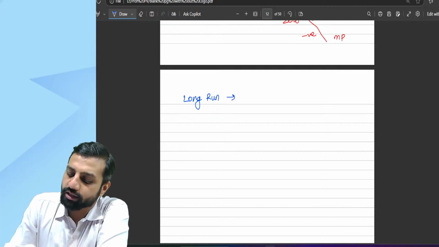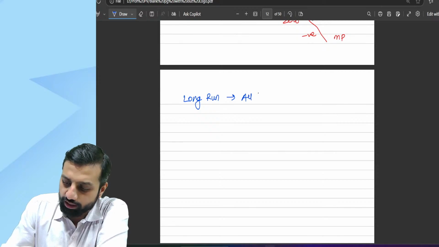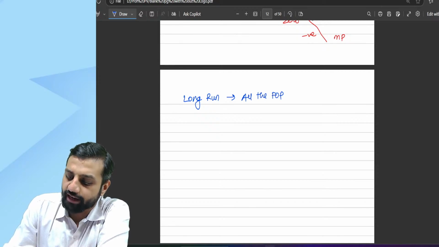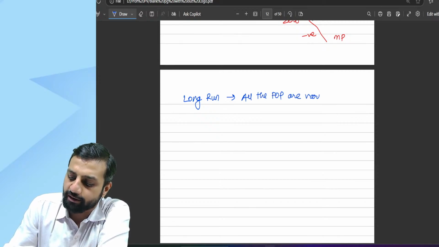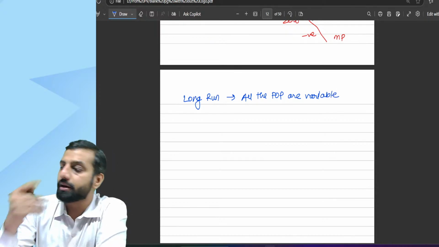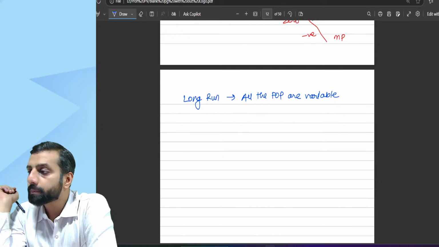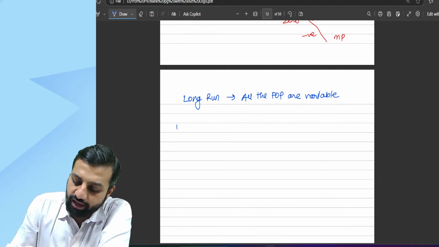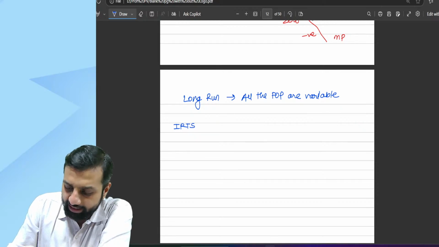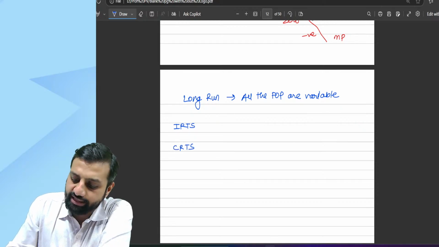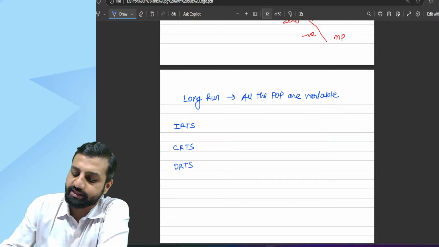Then we have the long run. In the long run, all the factors of production are variable. Yes or no? And in the long run, we have 3 stages: IRTS, CRTS, DRTS.